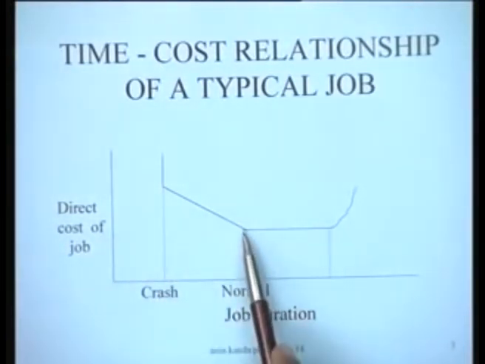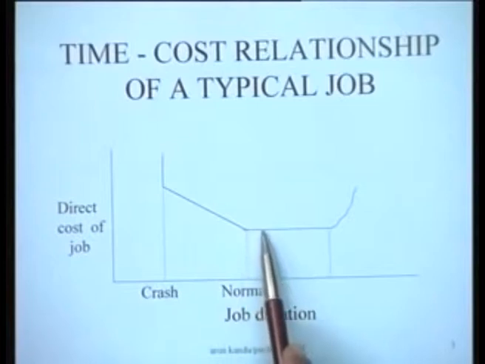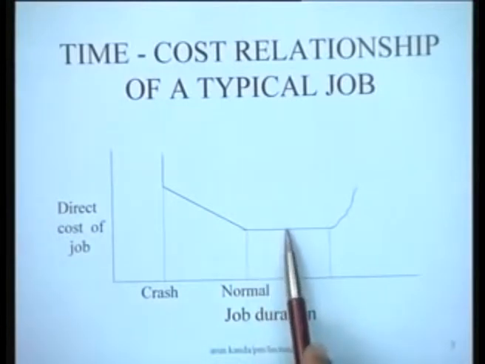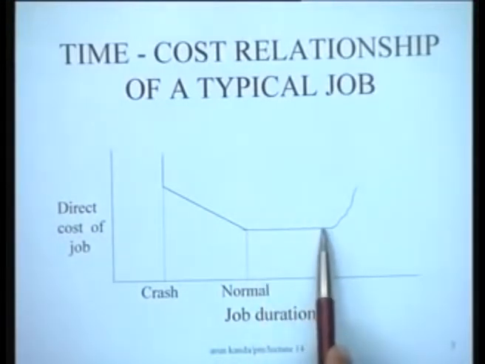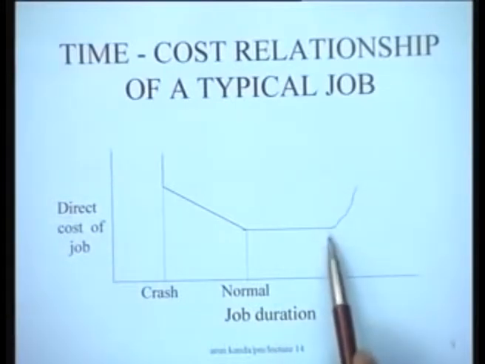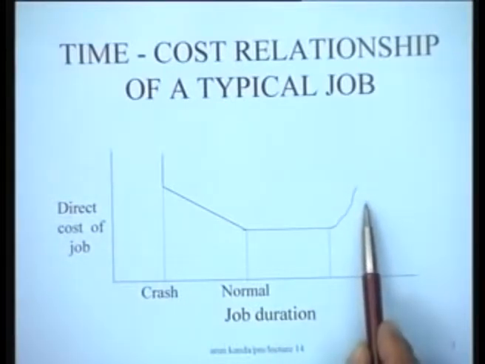However, it is quite likely that the activity may take a duration longer than the normal duration. I mean, if you are pretty lax about it, you can keep on doing this. However, if you delay it unnecessarily, the costs tend to rise in that sense.